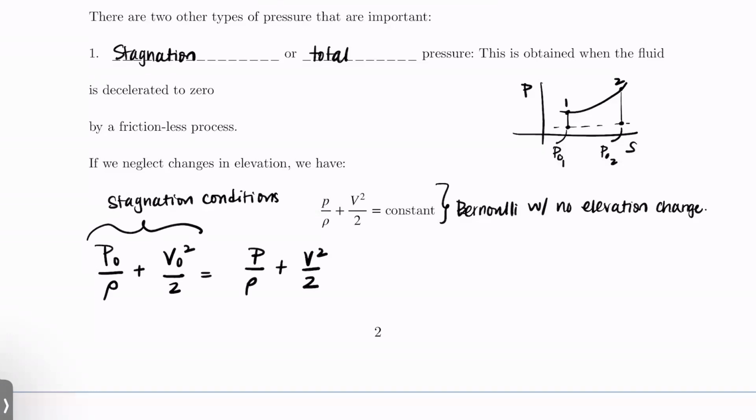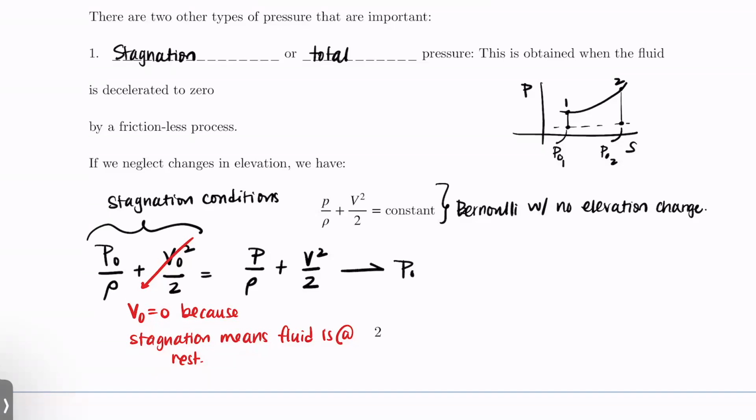All right, and we know that at stagnation, our fluid's been decelerated to 0, right? So this is 0, because stagnation means the fluid is at rest. Okay, so that means that we can write an expression for our stagnation pressure.